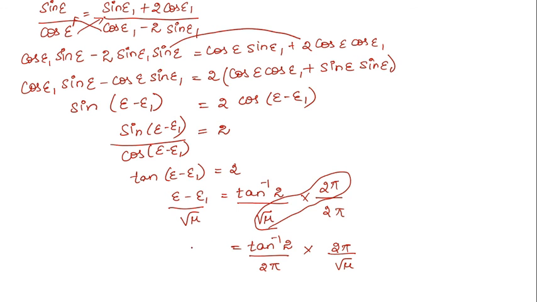It is nothing but phase. So your phase is equal to tan inverse of 2 divided by 2 pi times of the period, right? This is the formula of period, right? So it is tan inverse of 2 divided by 2 pi times of the period.